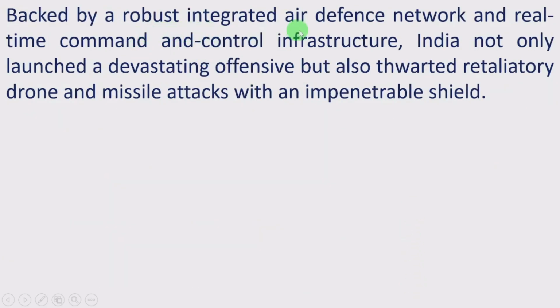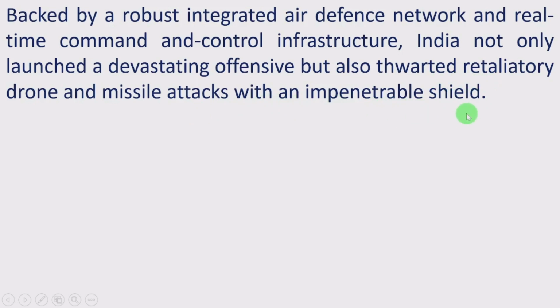Backed by a robust integrated air defense network and real-time command and control infrastructure, India not only launched a devastating offensive but also thwarted retaliatory drone and missile attacks with an impenetrable shield.